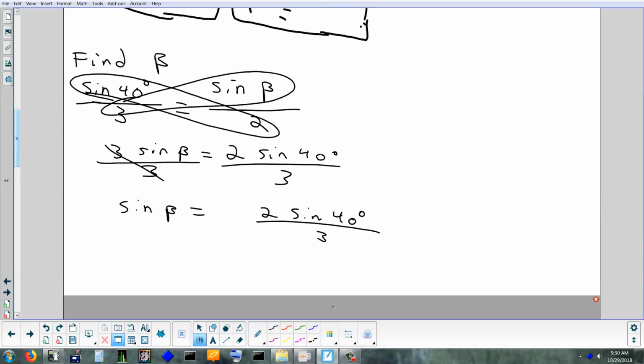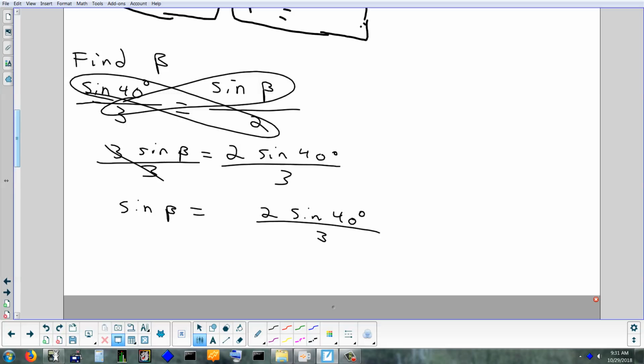What's still on the left-hand side that I want to get rid of? Sine. Sine is a function. It's not a letter, it's not a number. So you can't add, subtract, multiply, or divide to get rid of a function. The only way to get rid of a function is with another function that cancels it out, like square and square root. They cancel each other out.